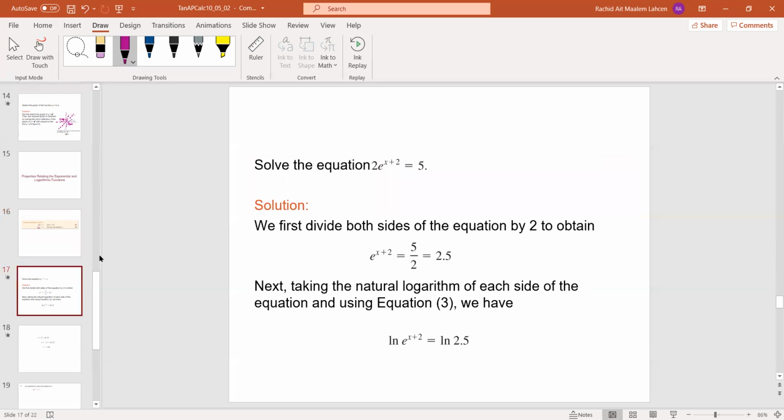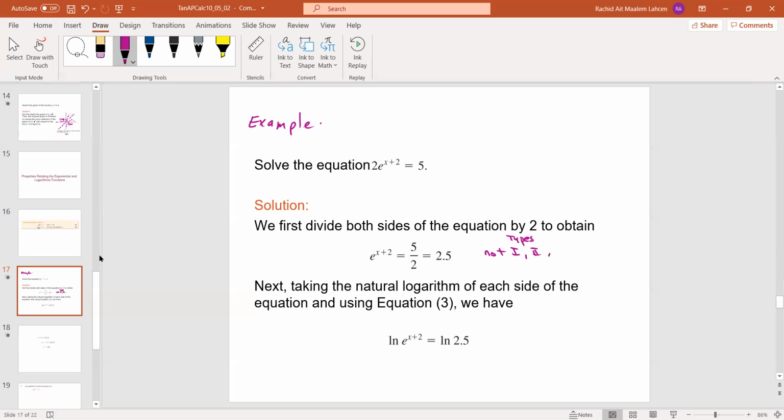So let's look at the example. Solve this type of equation. Let's get e by itself. We divide by 2, we get 2.5. And remember, this is not type 1, not type 2.